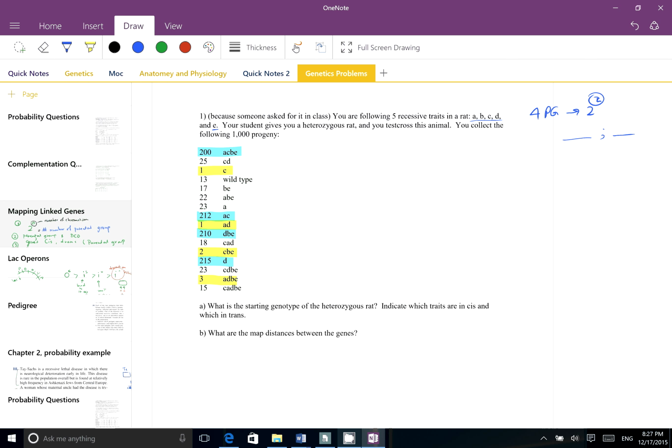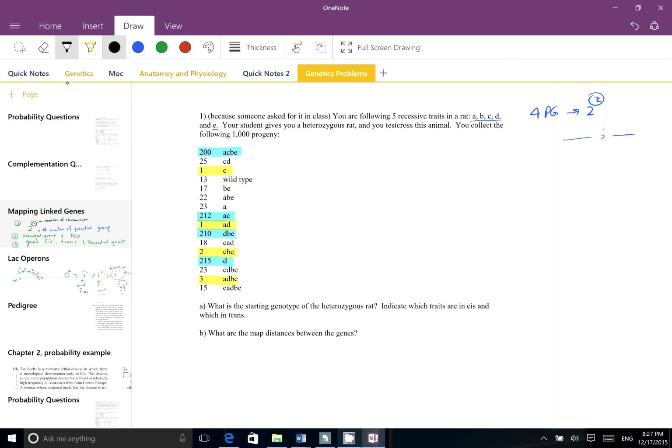So let me now put my parental groups together, right? So if I was to write my parental groups, as I can see here, I have 4 genes. I want it with 1, 3, and 2, meaning if I have A, C, B, E on one chromosome, right?